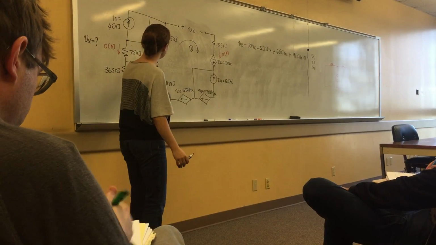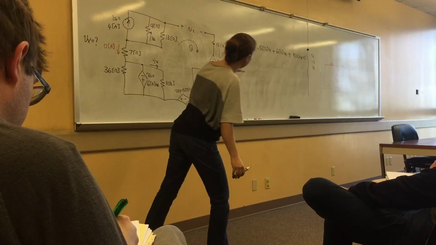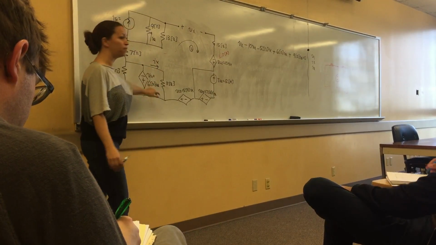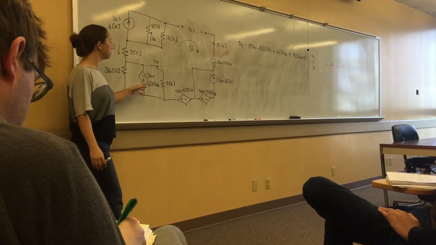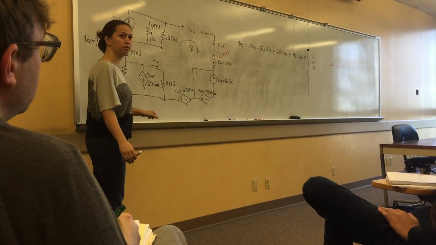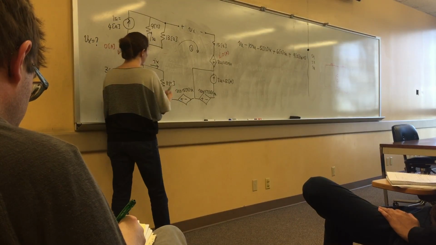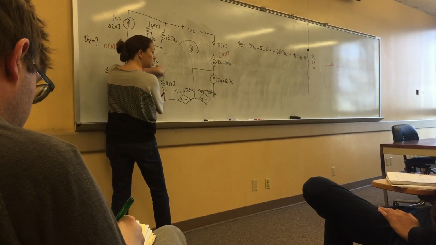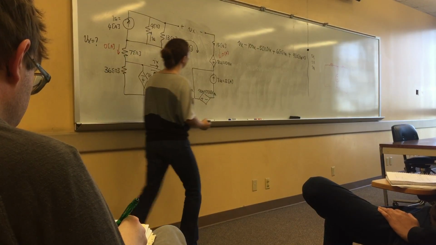So Ix is here. Let's start with Ix. Can I write something for Ix in terms of IQ? Yes. You can do KVL because the voltages are in parallel. I mean, you can write a KVL over here, or you can say that this is the voltage across this resistor. You can use it like an Ohm's law, but let's call this loop 2.